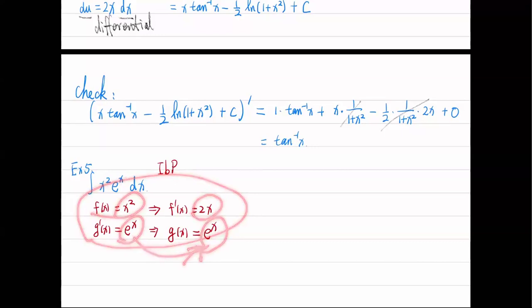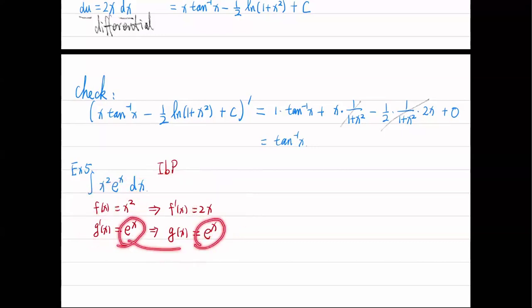Again, this choice makes the derivative simpler and the antiderivative not any more complicated. Normally, the antiderivative will be more complicated, and if it's more complicated, we'll try to avoid it. So in this way, we can continue the integration by parts.